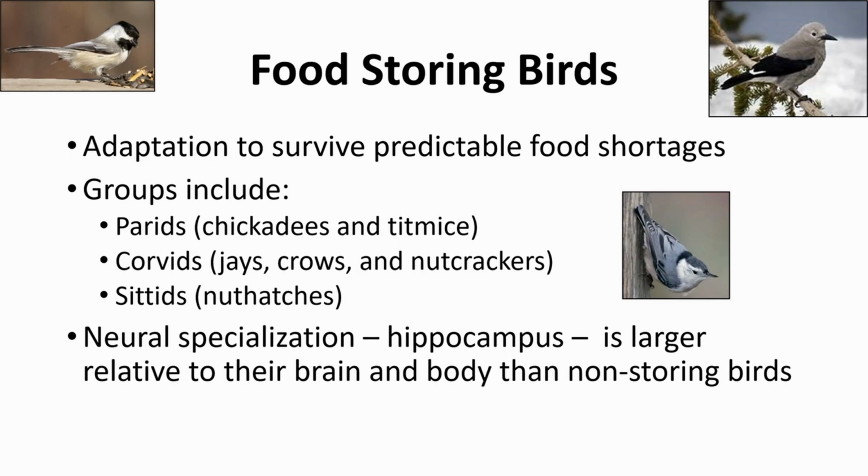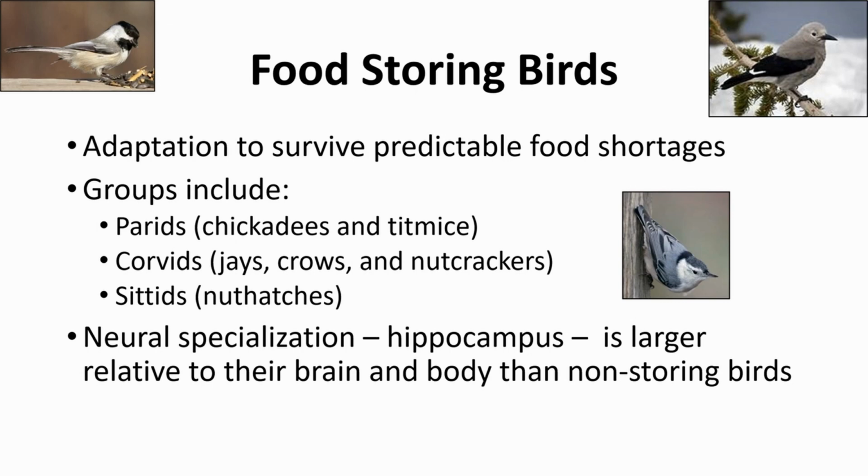If we look at the same species of chickadee from Colorado versus Alaska, the Alaskan chickadees, the ones that live further north and would probably experience a harsher winter, cached more when brought into the lab, and they performed better on spatial memory tasks, even if those tasks weren't directly related to caching. So they just have better spatial memory abilities than the Colorado chickadees.